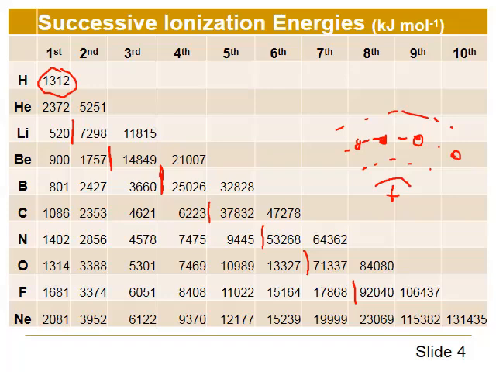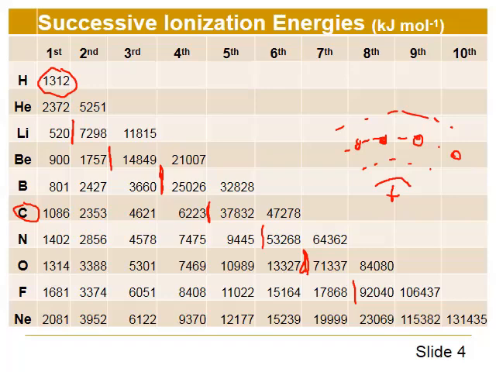So if you look at it the other way around, if I see for carbon that the big jump in ionization energy occurs after the 4th electron was removed, then I conclude that carbon has 4 valence electrons. For oxygen, the big jump in energy occurs after the 6th electron was removed.